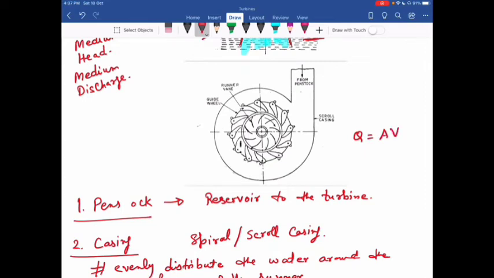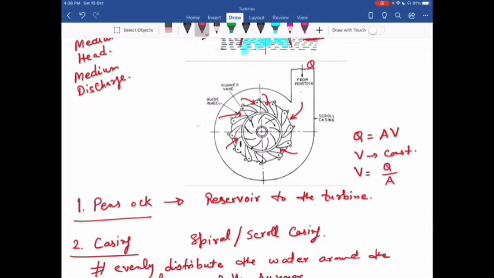Water enters from here, whatever discharge is available here, Q. Some amount enters from here, some amount enters from here, similarly from other ends. Now we have to make this entrance at constant velocity. V should be constant. Now the formula for V becomes Q upon A.